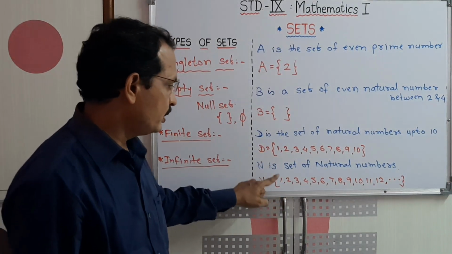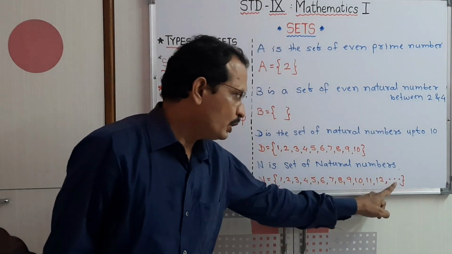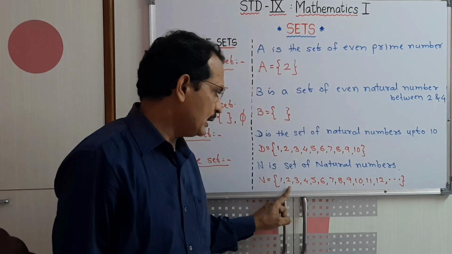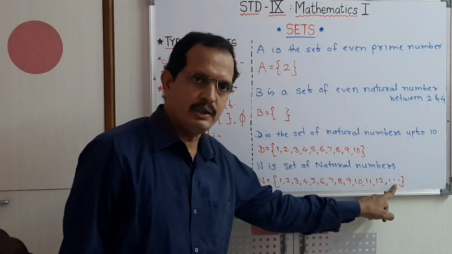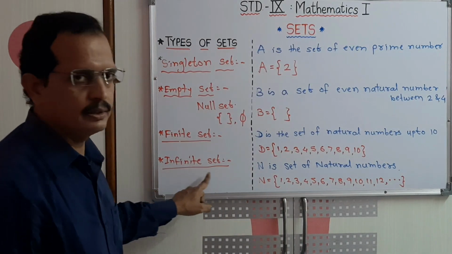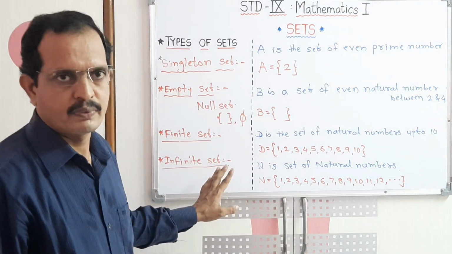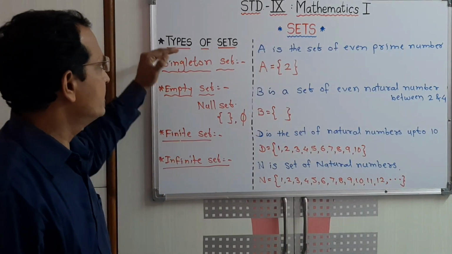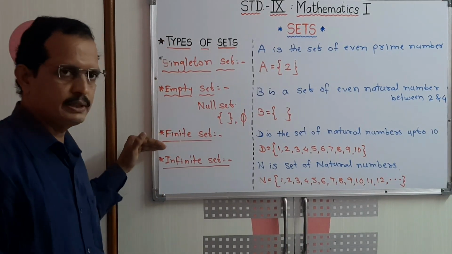Now you understood very well. When the elements are not countable and the elements are not limited, then such sets are called infinite sets. Now see again, these are four types of sets.